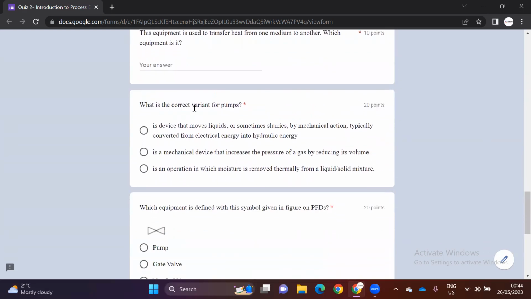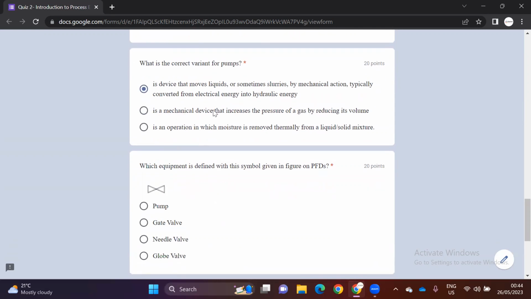So next question, correct variant for pumps. The first variant is a device that moves liquid, yes, sometimes slurries, correct, by mechanical action, typically converted from electrical energy into hydraulic energy. This is correct. The next one is a mechanical device that increases pressure of gas.